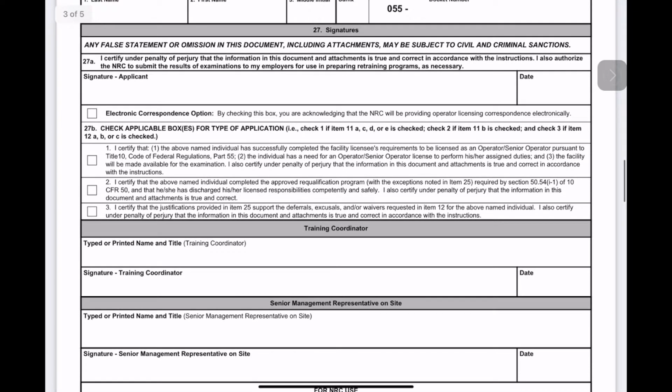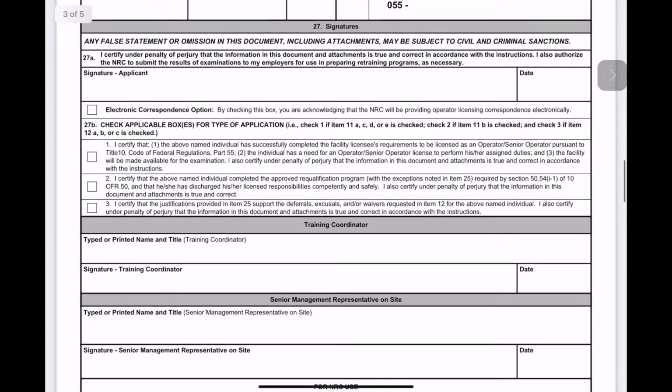So here in the signatures in box 28, you can read, it says any false statement or omission in this document, including attachments, may be subject to civil and criminal sanctions, right? This tells you that this is a very serious matter. If something happens, you can go to jail. You cannot lie in this document.